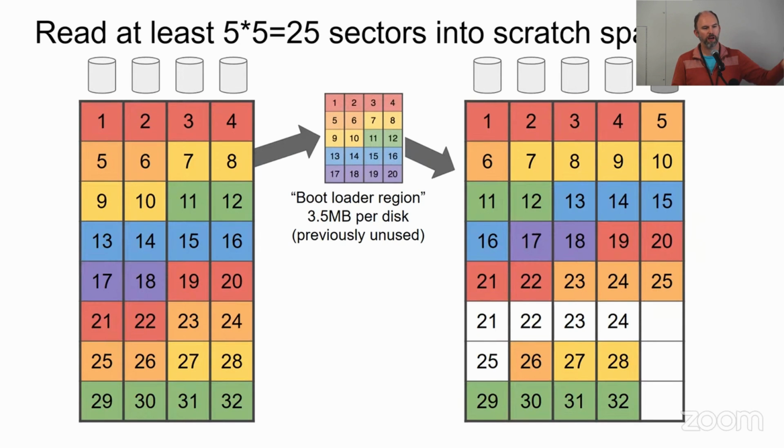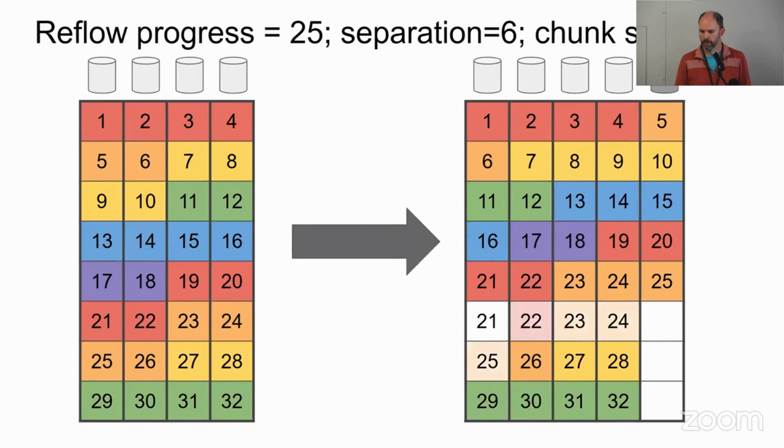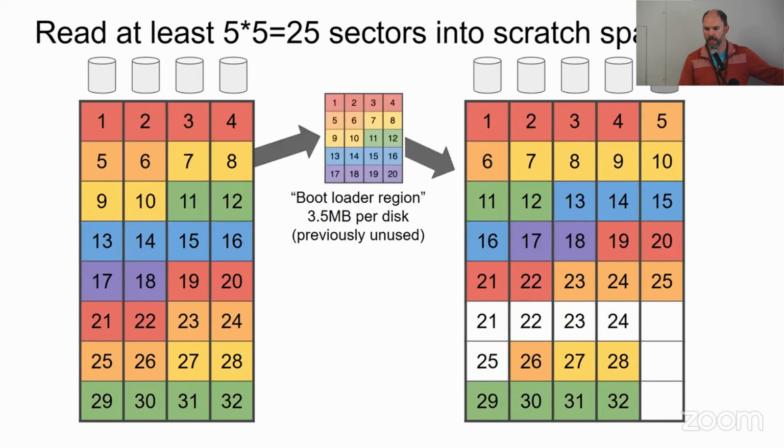Now we can move forward having sufficient separation between where we're reading and where we're writing, that we always have at least 1 stripe worth, and we're not overwriting ourselves. So once we've done that, here we have at least 1 row of basically unused space, sectors 21, 22, 23, 24, and we can start copying stuff.